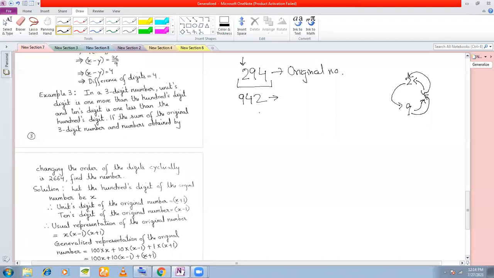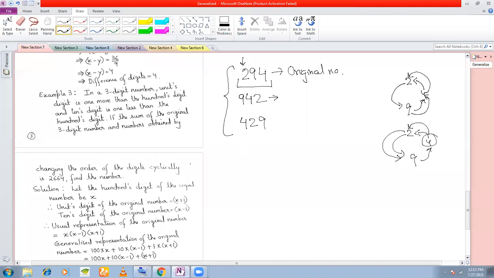Now another number I will obtain. This I have started with 9. Next I can start with 4 also. This was the original cyclic order, 2, 9 and 4. Now if I start with 4, the next number will be 2 and the next number will be 9. So by reversing the digits cyclically, how many numbers am I obtaining? 3 numbers.